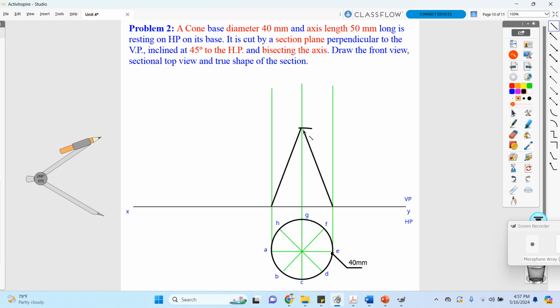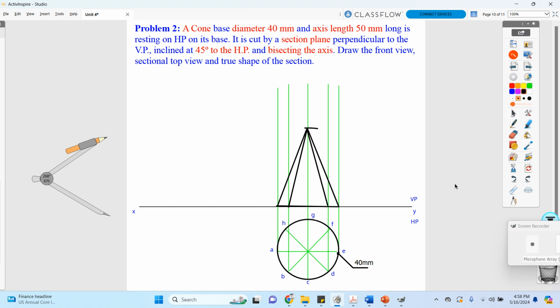Then from this point to the axis, we will consider some more reference lines also, like from this point intersecting with this over here, from this point intersecting with this over here. So once again we can consider the lines and marking from this point to here, developing our base over here. Okay, your cone is now developed.